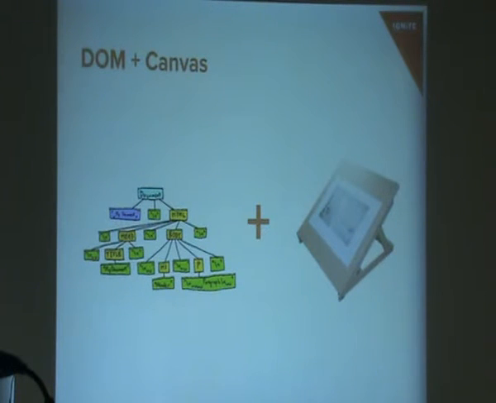But I've tried this approach and it failed for me, because you have to support two types of code: both the DOM manipulation code and the canvas code, and you have to include libraries like jQuery and Kinetic.js, and your code piles up into a big mess. And of course, you cannot use accelerated canvases. And if you package this canvas with DOM into PhoneGap, it will eventually still be slow. So currently, this approach is not very well suited for mobile games.